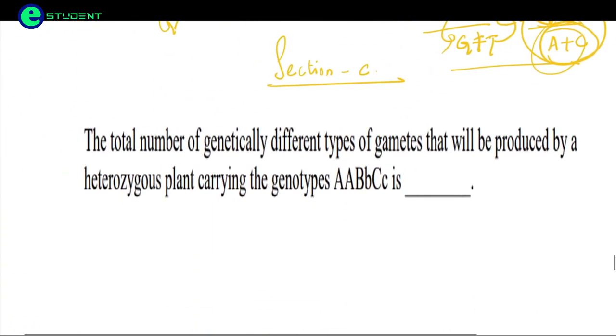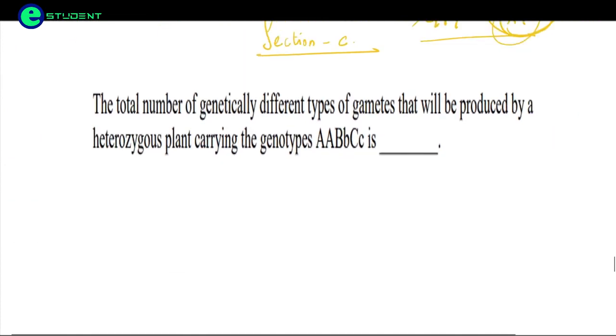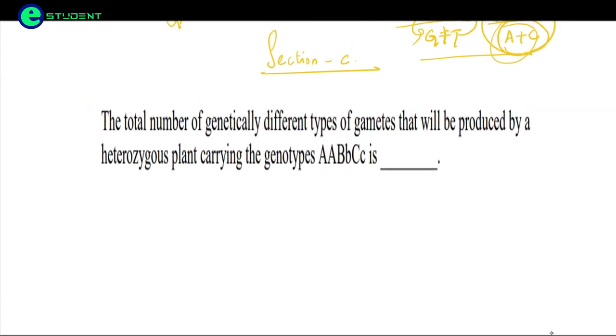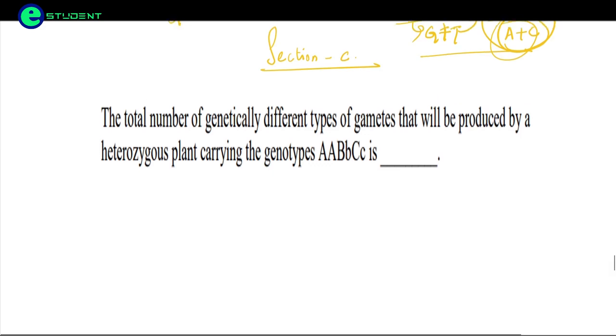Next, the total number of genetically different types of gametes that will be produced by a heterozygous plant carrying the genotypes AA, BB and CC. So this is section C. Here they are asking about a heterozygous plant carrying the genotypes AA, BB, CC. So how many genetically different types of gametes will be produced by this?